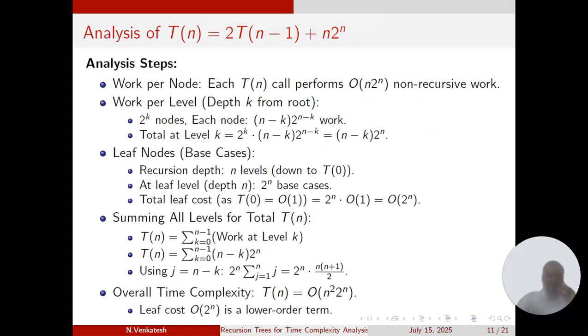So we can see that at depth k, we have 2 power k nodes, and each node requiring n minus k into 2 power n minus k work. So the total work is n minus k into 2 power n.